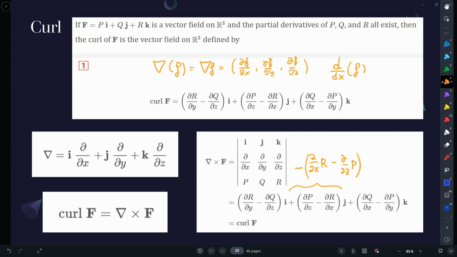Okay, remember that in the cross product it is plus i minus j plus k, and then the coefficients in front of i, j, and k are some determinants. In any case, that is a formula for the curl of f that I think is a little bit easier to remember if you just remember how to do cross products.